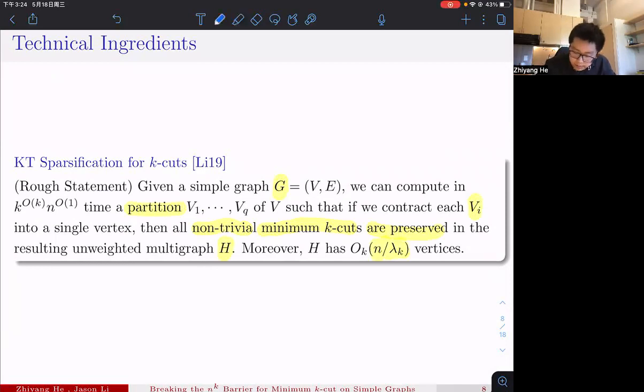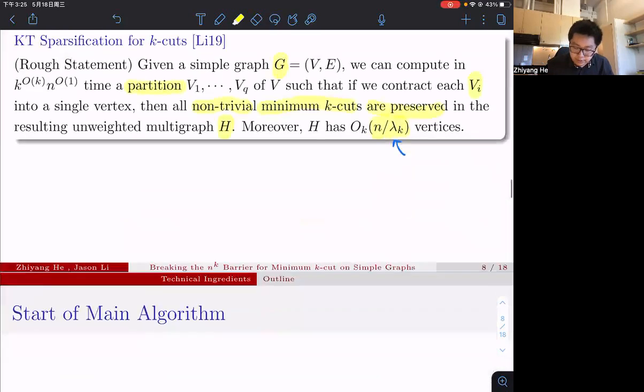This bound on the number of vertices is actually quite important, as we'll see in a moment. But this is the KT sparsification for K-cuts. Now, this sparsification procedure and the parameterized algorithm by LSS enable us to do the following algorithm.